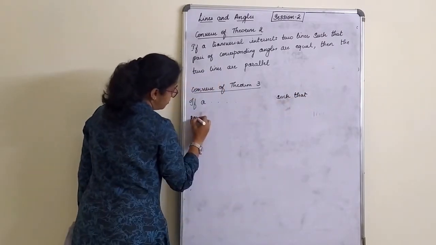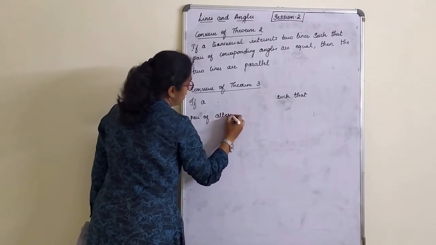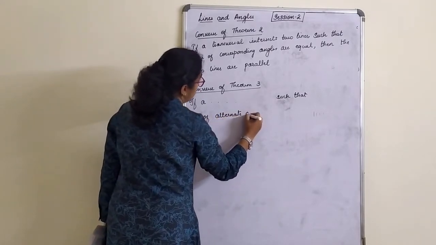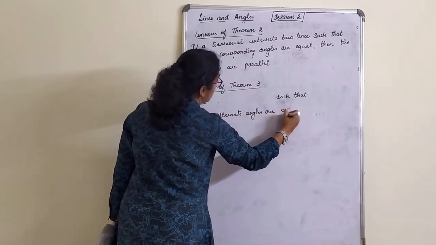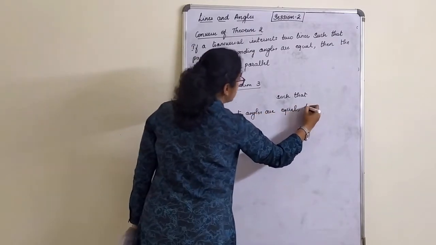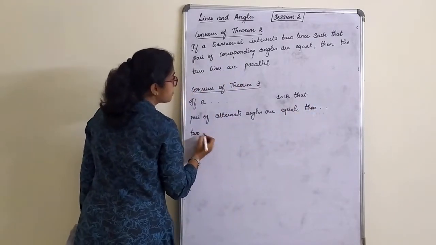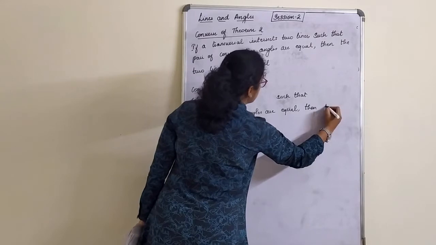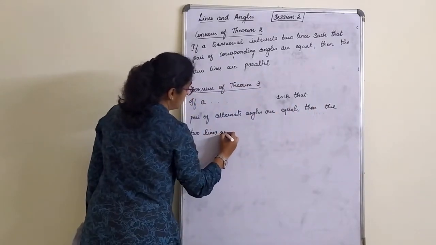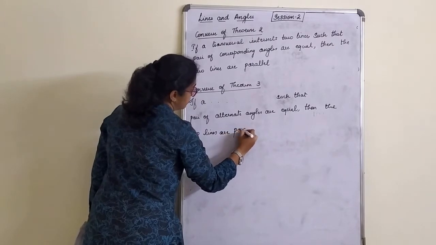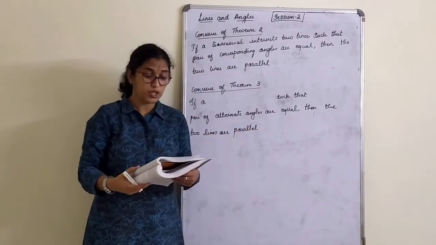A pair of alternate angles are equal, then the two lines are parallel. Okay.